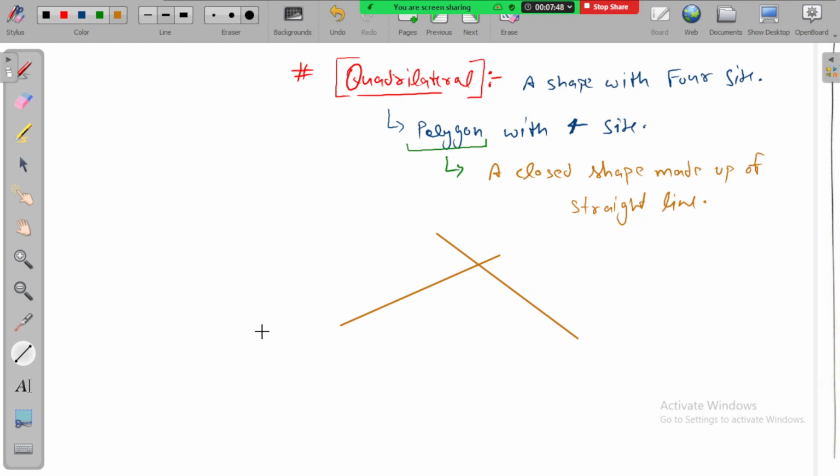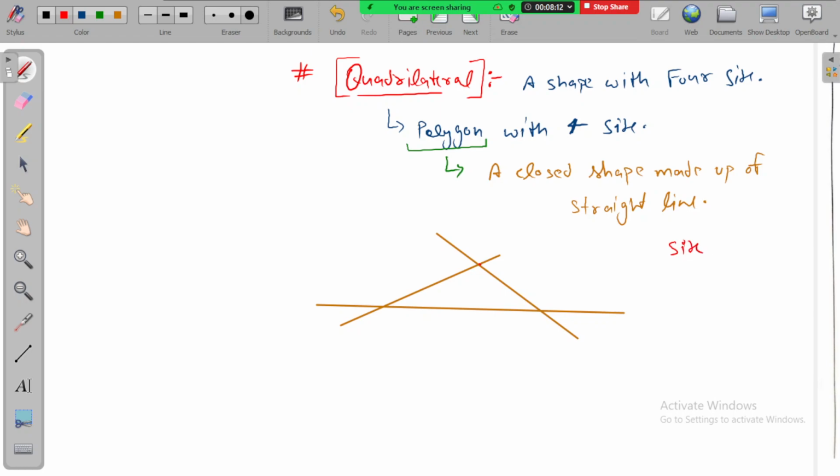No. So the minimum number of straight line segments required to make a closed shape is three. What kind of shape is it? A triangle. To create a polygon, we require a minimum of three sides.